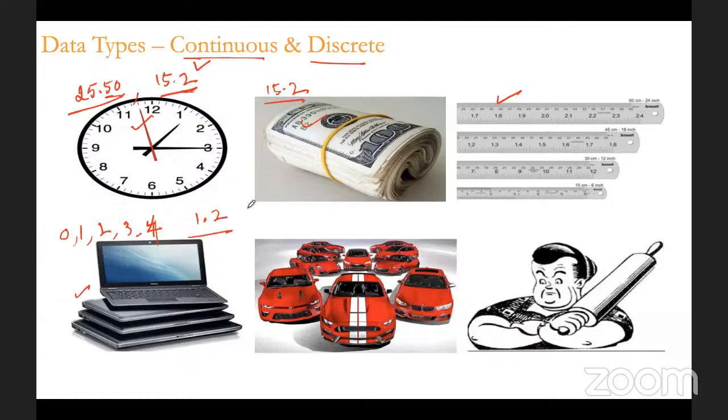It doesn't make sense for this kind of quantity. And here also you have the cars, right? I can say 5 cars or 6 cars or 7 cars. We cannot say 7.5 cars. It doesn't make any sense.